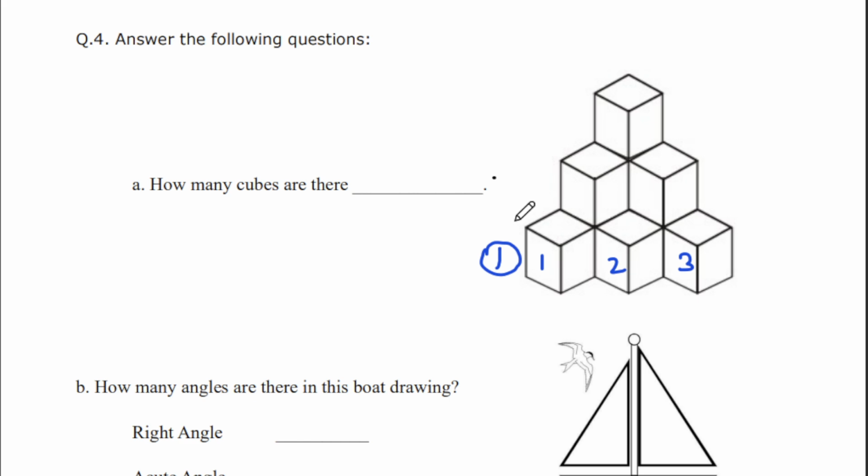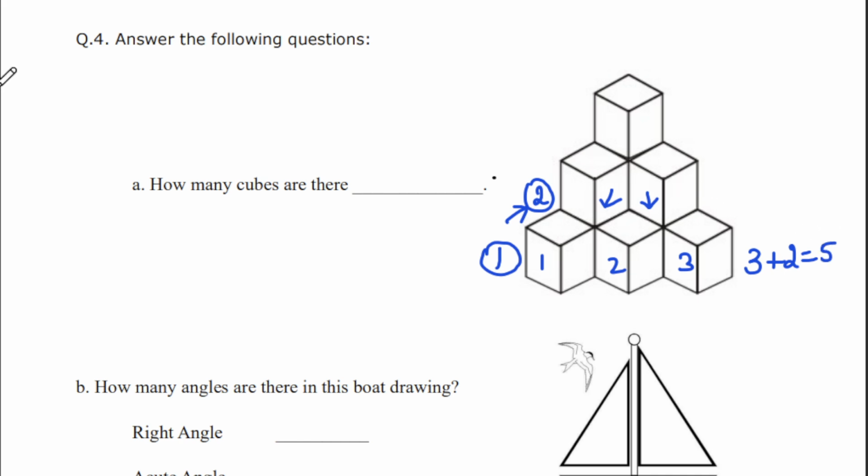That is not visible. So here you can find 2 more cubes. So 4 and 5 below these are hidden. Here we can see 3 cubes, and there are 2 hidden cubes like this. So we have 5.